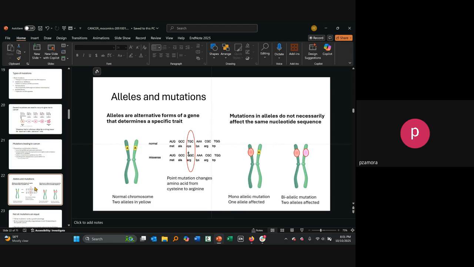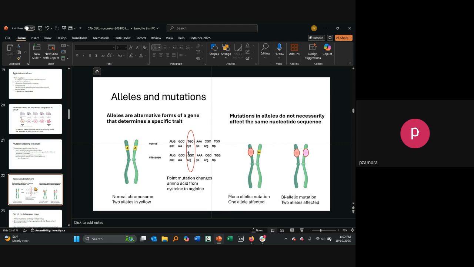Since we're going to be talking about schwannomatosis, I want to briefly introduce a discussion on alleles and mutations. Earlier you were talking about the normal chromosomes and how there are two pairs.